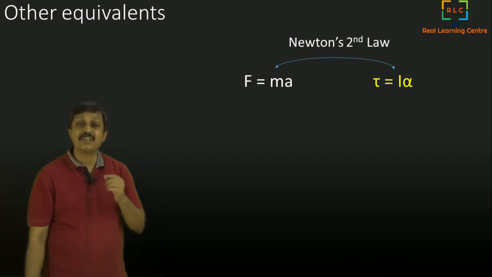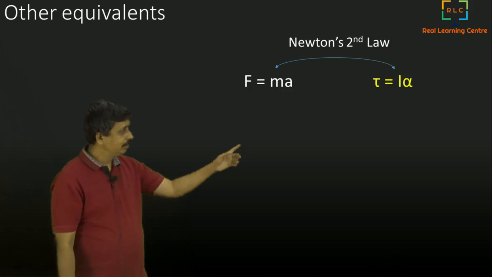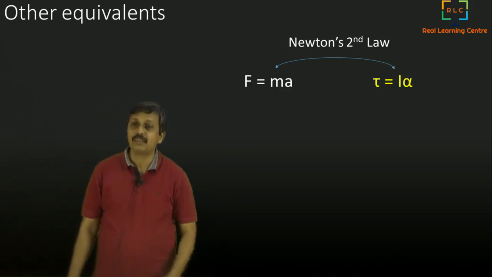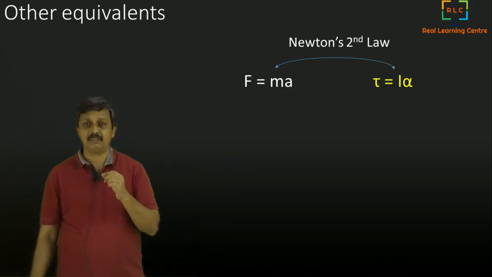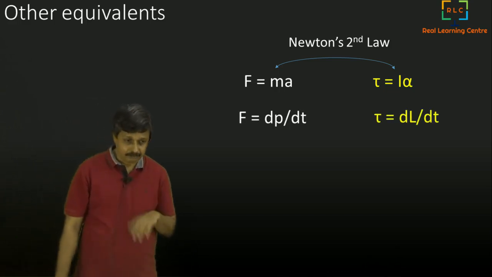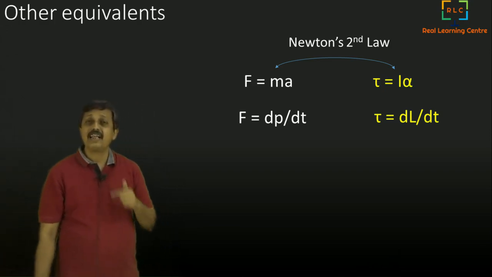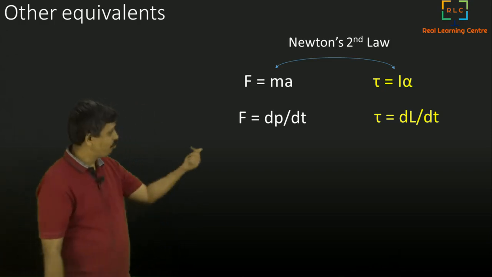I is the moment of inertia that we studied in the last session. So tau equal to I alpha is the formula of Newton's second law in rotational motion. Similarly, Newton's second law has an alternate form: rate of change of momentum is force.